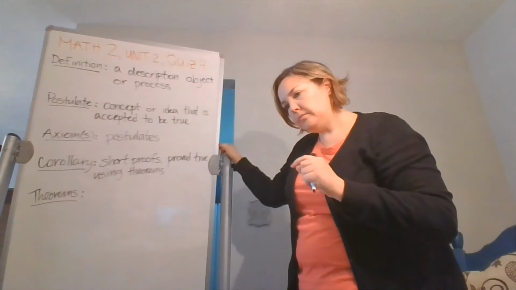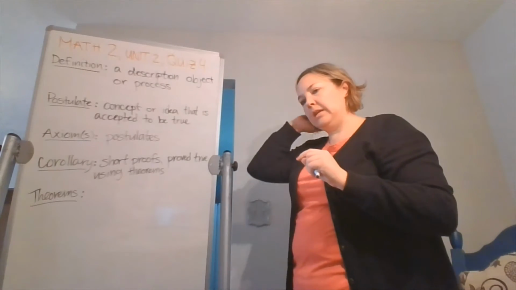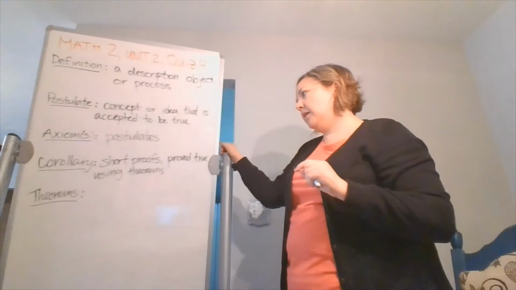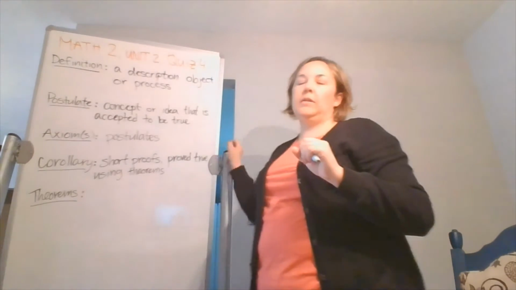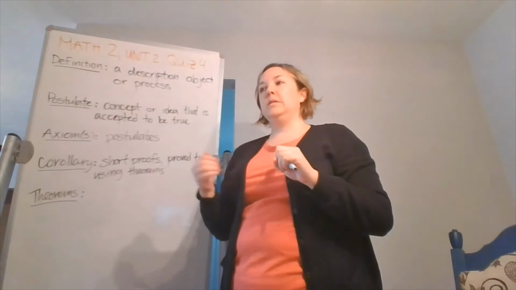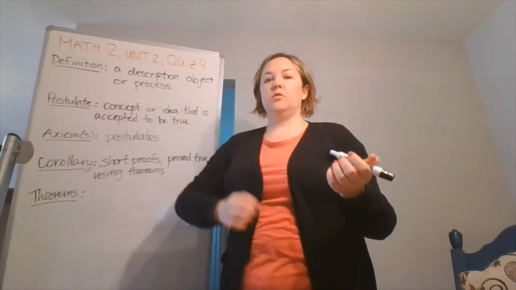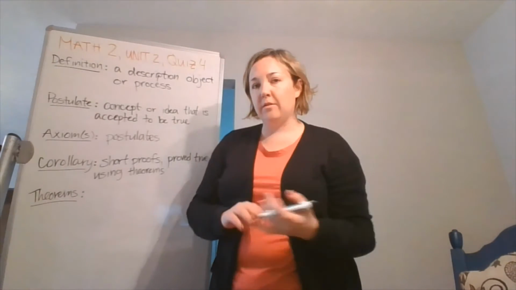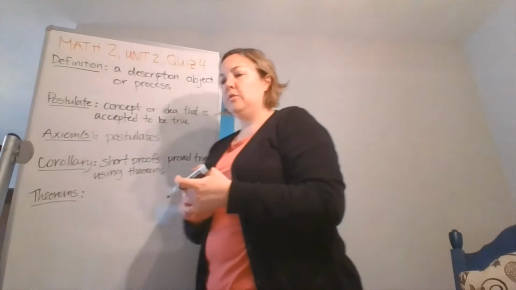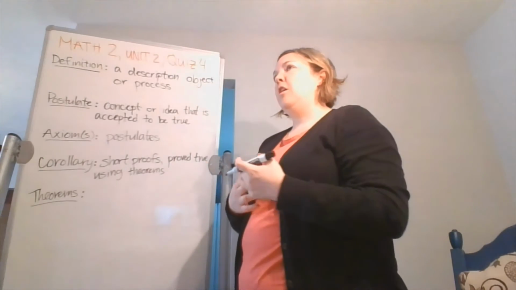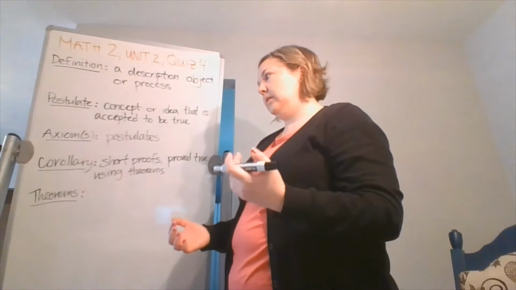A theorem takes a little bit more effort. If you remember the last video, we talked about using your reasoning skills to come up with a conjecture. You use inductive reasoning, you look at patterns in life or patterns in math that you find happening over and over, and you create a conjecture, an if A, then B statement.